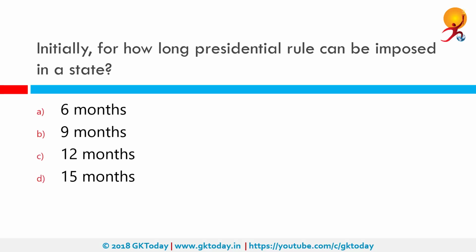However, even if the Parliament has approved the proclamation, it will normally cease to operate after 6 months. The proclamation can be repeated if necessary so as to allow the period of emergency to continue for a maximum of 1 year. Every such resolution approving the emergency has to be passed by each of the Houses of Parliament by a majority of not less than 2/3 of the members present and voting.